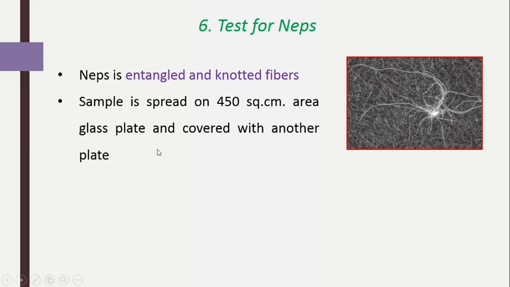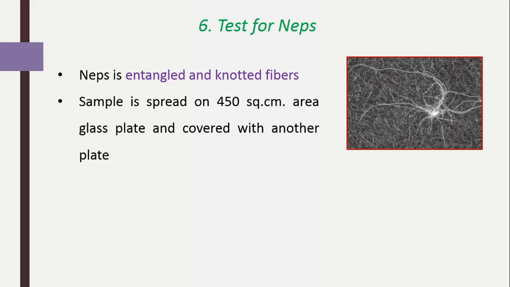First the glass plate is taken. On the glass plate, only this much area is filled with the absorbent cotton, that is, the 450 square meter area. After that, using a glass plate of the same size, the absorbent cotton is covered, so it is like a sandwich.